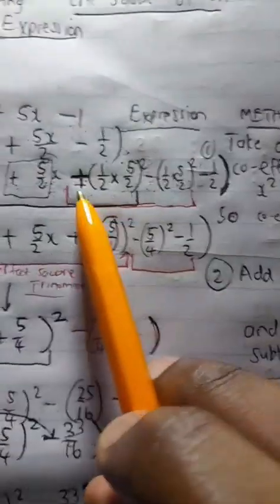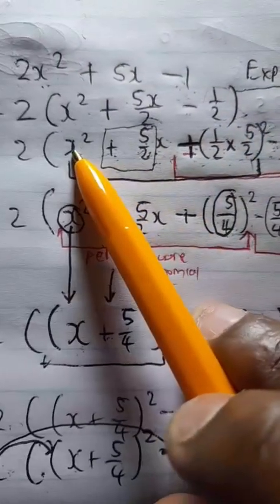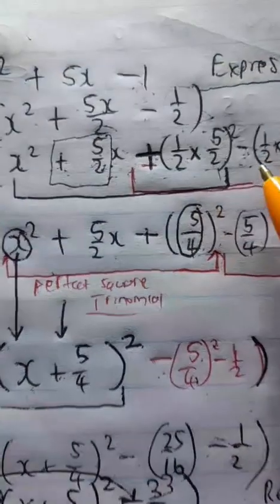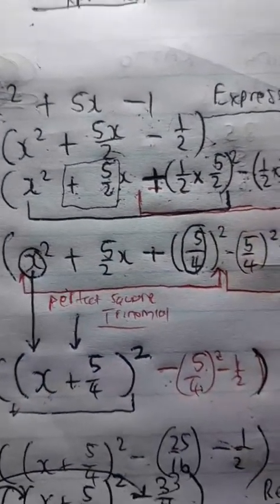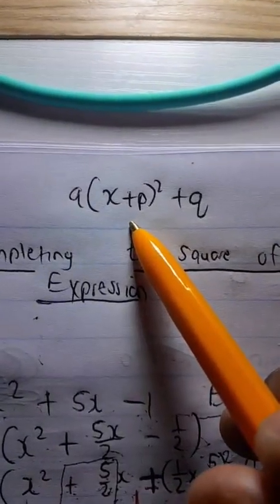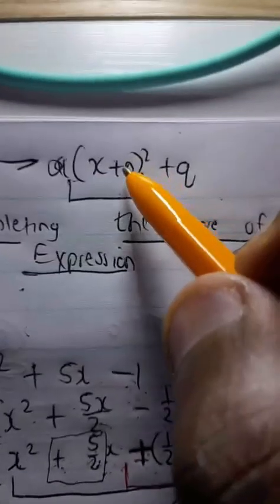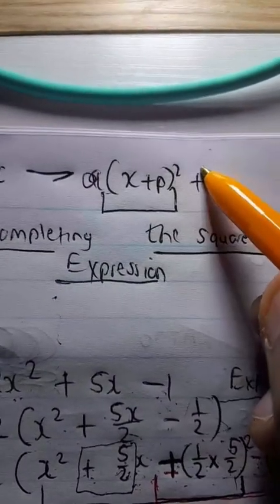So that addition of half the coefficient of the x term will always lead you to forming a perfect square trinomial for the first 3 terms. That is the whole purpose of the completing the square method, because remember, what are we actually looking to do by using it? We want to change a quadratic expression of this form to become a quadratic expression of this form. How are we going to have a binomial squared term?